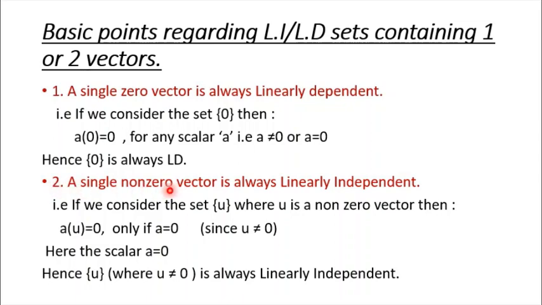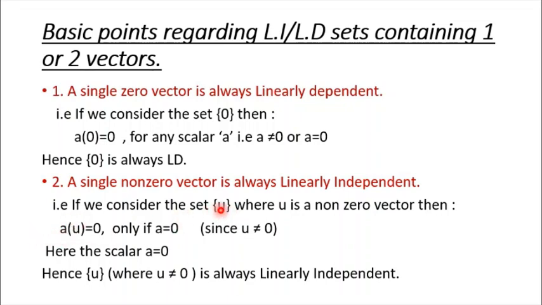Then let us see the second one. A single non-zero vector is always linearly independent. So now we will consider a set containing u, only one vector, where u is a non-zero vector. Previous to this you had taken a singleton set where that vector is the zero vector. Now you are taking a set with one vector, but this vector u is non-zero. Let us see how this will be linearly independent.